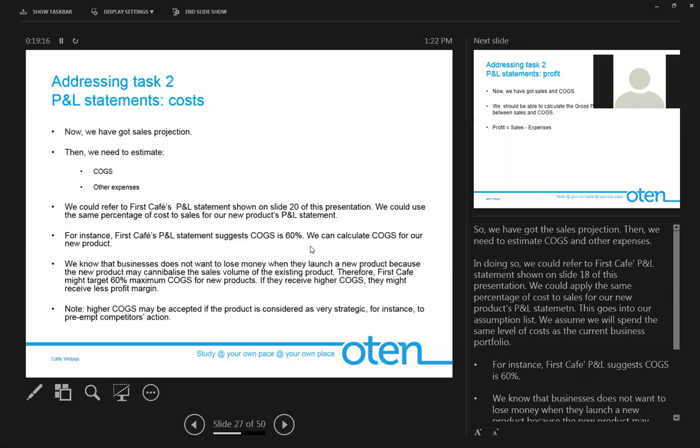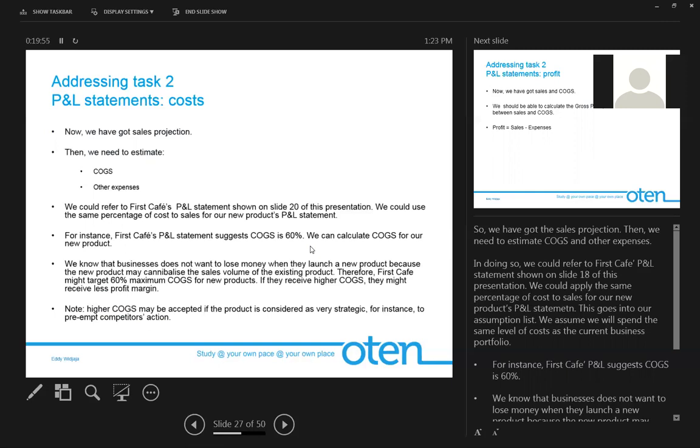That's the reason why businesses would normally target at maximum the same level of costs for their new products or services. In other words, 60% is the benchmark for our new products or services. But in some instances, companies may also accept higher costs than the current costs across the board if they consider the new product or service idea very strategic.